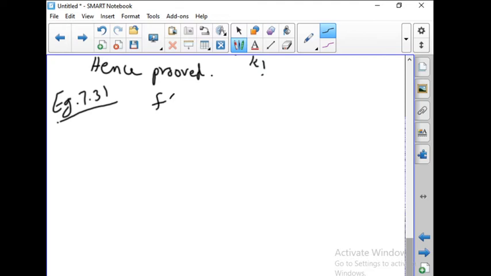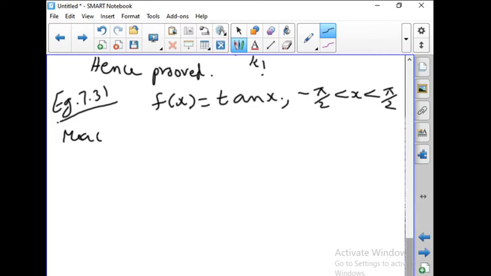So f of x is equal to tan x, minus pi by 2 is less than x less than pi by 2. So what about the Maclaurin series? So Maclaurin's series is... What is the Maclaurin series?